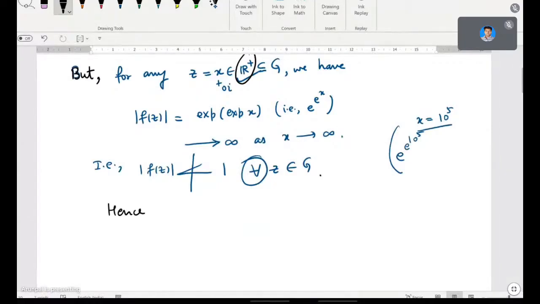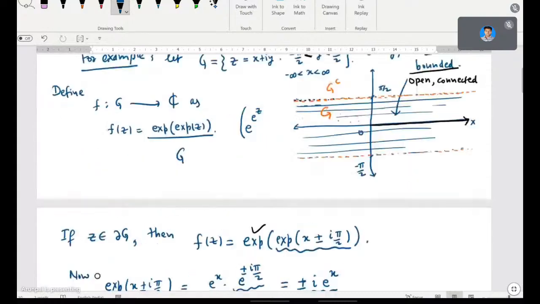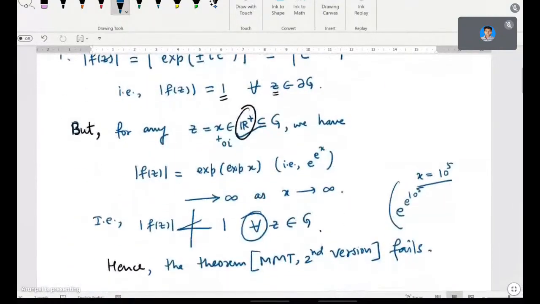Hence the maximum modulus theorem, second version, fails. The values of the function at the boundary points are not able to control the function on the whole of G.